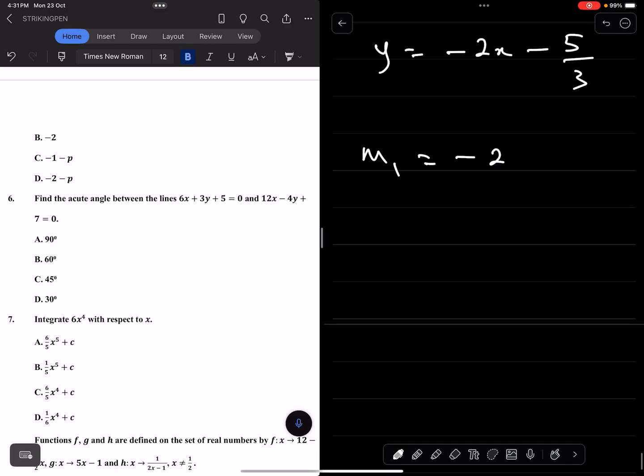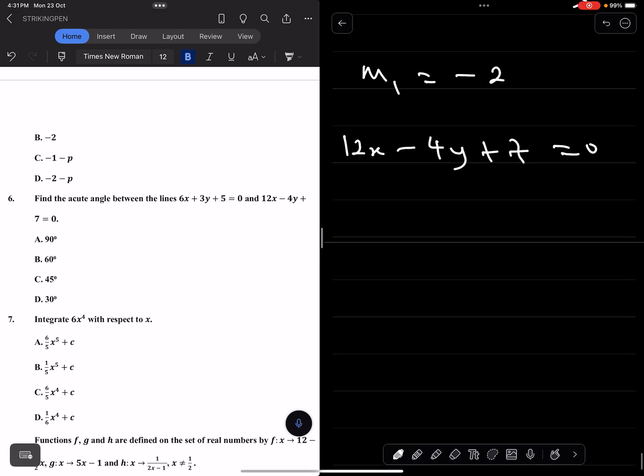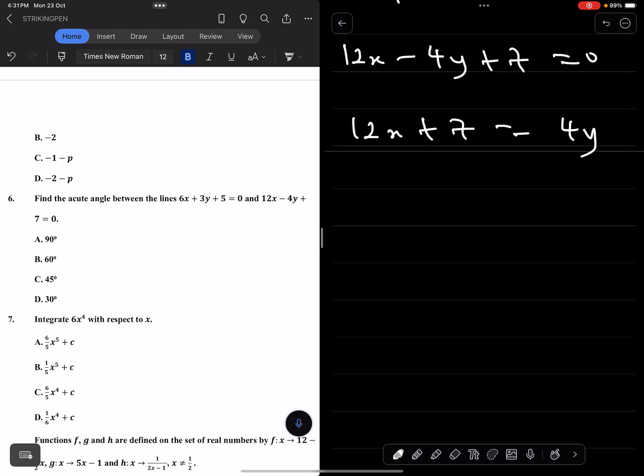So the second line is 12x minus 4y plus 7 equals 0. We do the same thing to get the gradient of the line. That simply means 12x plus 7 equals 4y. And if I divide through by 4, y is going to be equal to 3x plus 7 over 4.